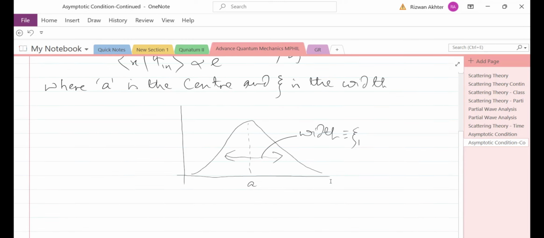We know that a free particle, when we talk about a free particle, is a plane wave, and it evolves as a Gaussian function. That's why, because psi in is an asymptotic function, that is, a particle which is free, we need to express our psi in using a Gaussian function.